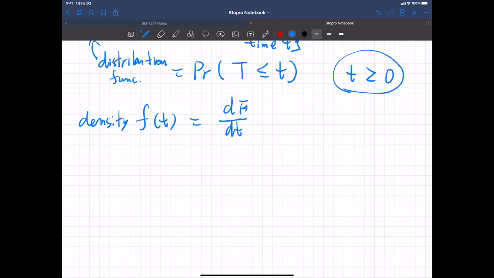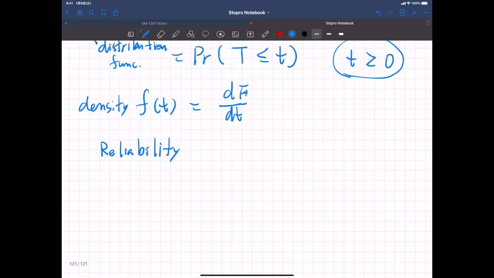That is reliability, or it is also known as the survivor function. Let's call it capital R of t.